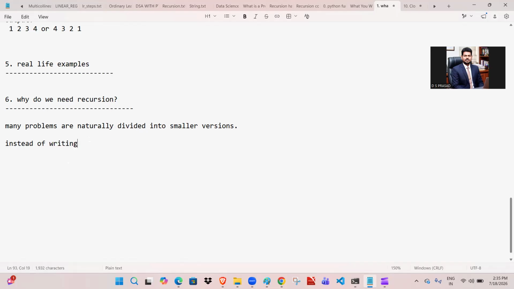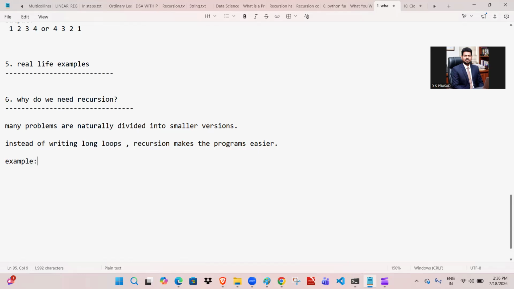Instead of writing long loops, recursion makes the program very simple and easy to write.